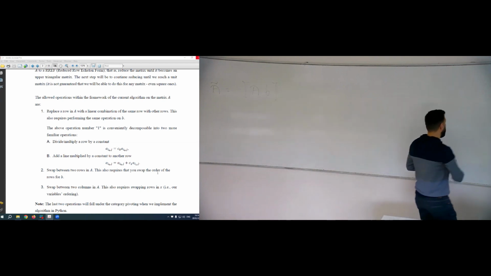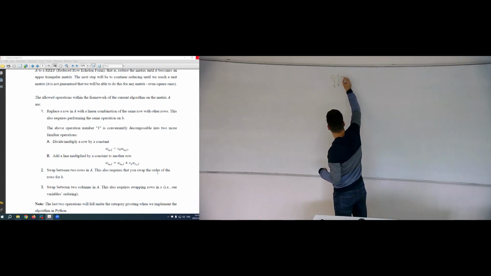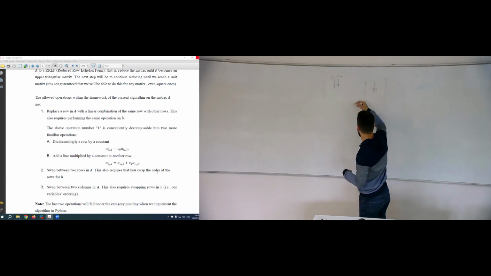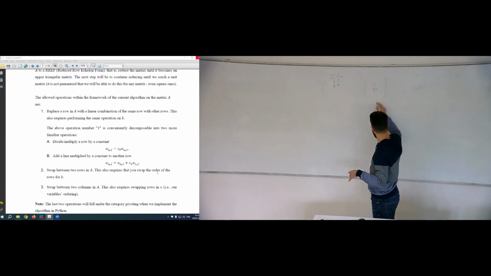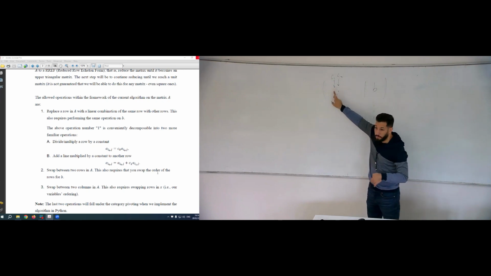For example, if I swap between column 1 and column 2, and that is the only swap that I've done, the solution that I will get will be x2, x1, and then x3, x4. That's because I swapped between column 1 and 2.